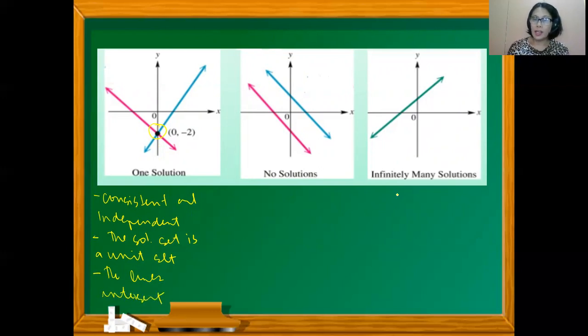Now, the second pair of equations that we have graphed is defined as a consistent and dependent system. Their lines coincide because the two equations are equivalent.